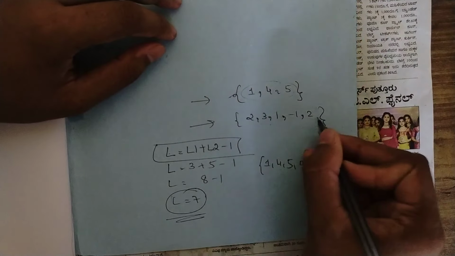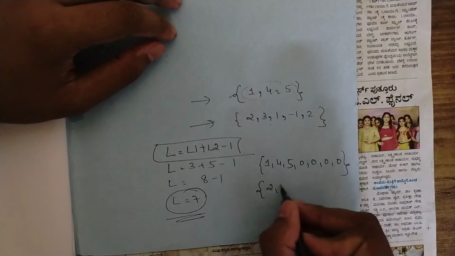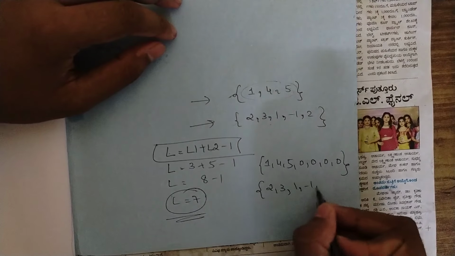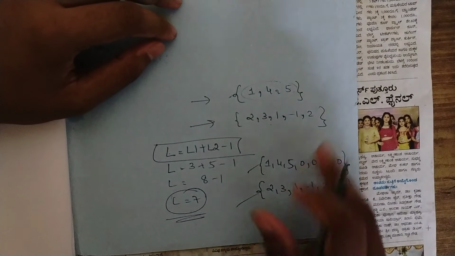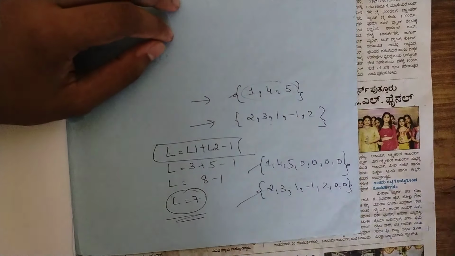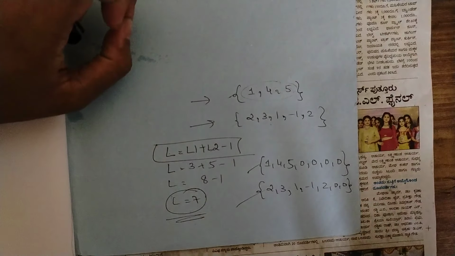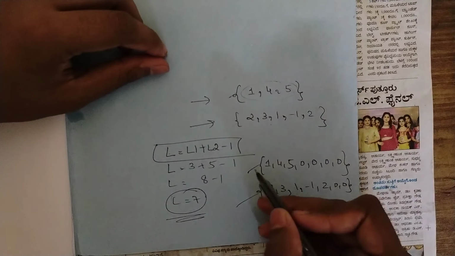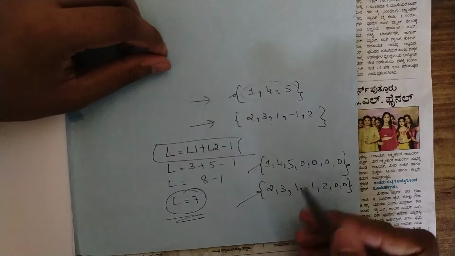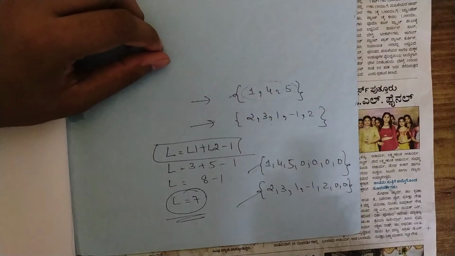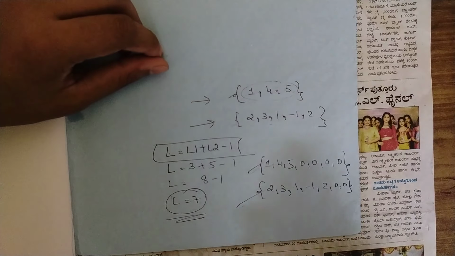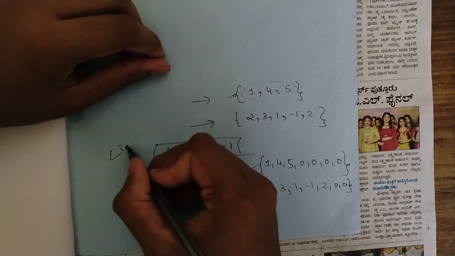Then here, in order to make this length 7, you should add 2 zeros: 0, 0. Now these two sequences are of the same length. Then perform the same circular convolution: DFT of the first sequence, DFT of the second sequence, point-to-point multiplication, then IDFT of the required result. So this is the one simple change for the linear convolution part.